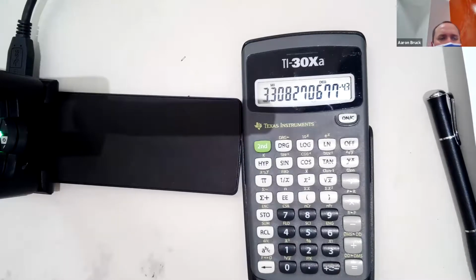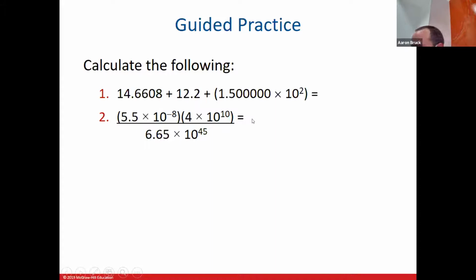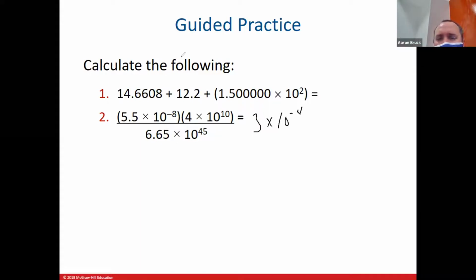And so what I report as the answer is going to be 3 times 10 to the negative 43rd as my answer.